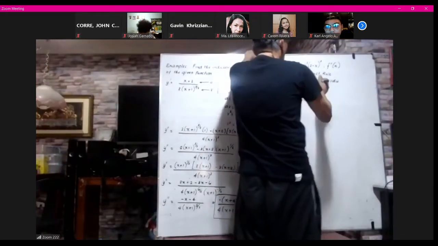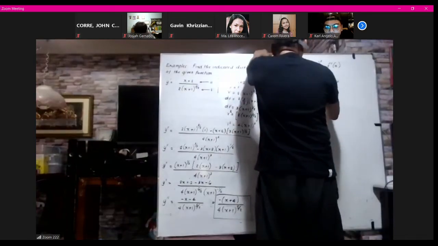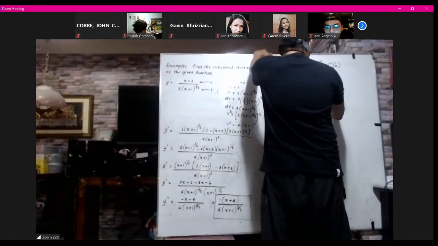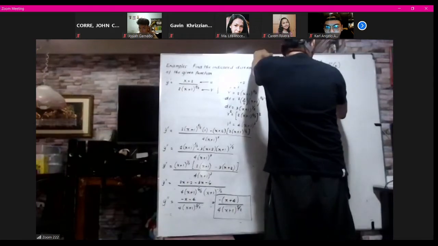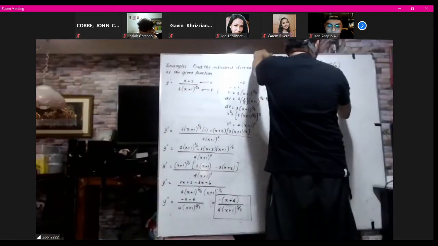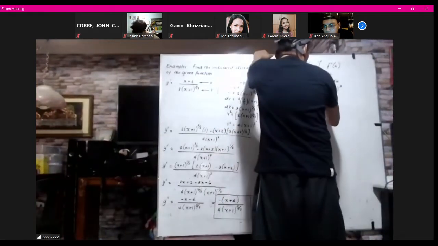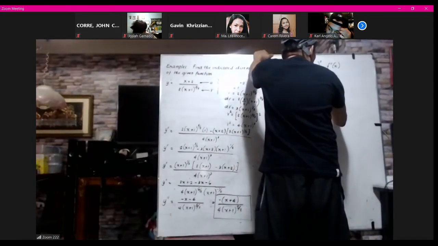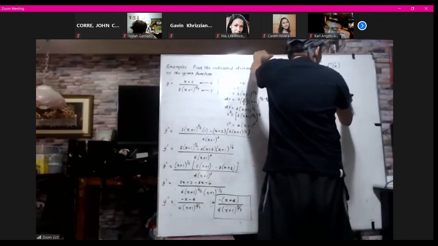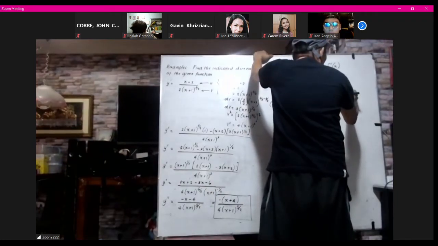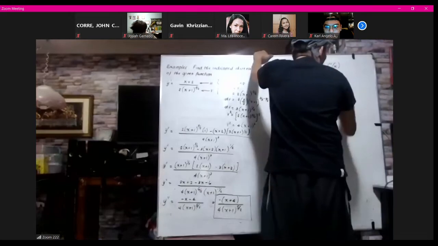Okay? Then, punta naman tayo dito sa pangalawa. Our v is equal to (2 minus x) raised to cube. So, derivative ng v is equal to 3 times (2 minus x). Bawas tayo ng power na isa, magiging 2 na lang.